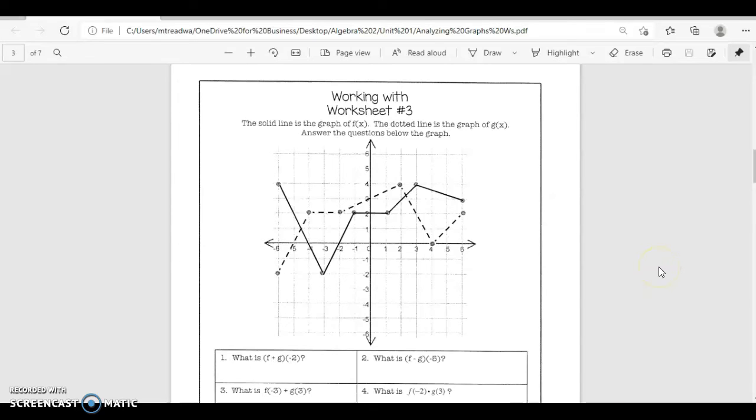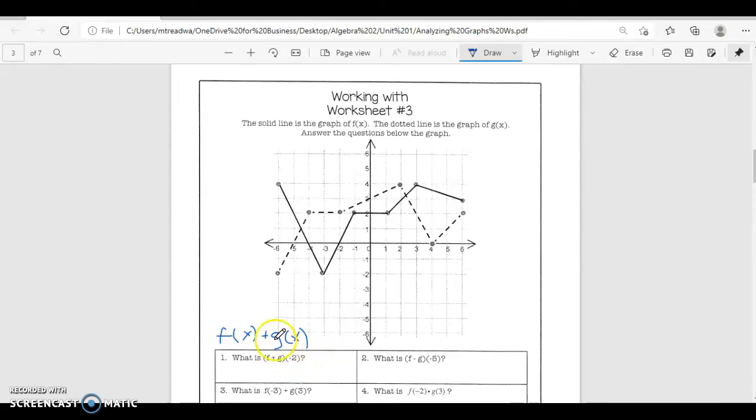So here's the homework you're doing with graphs 3 through 7, and these are not quite as tricky as they look. Starting with number 1, f plus g of negative 2. Remember, this just means that we're finding f of x plus g of x. And in this case, x equals negative 2.